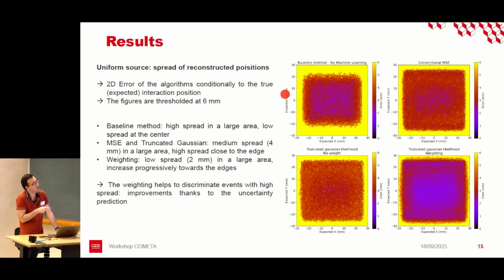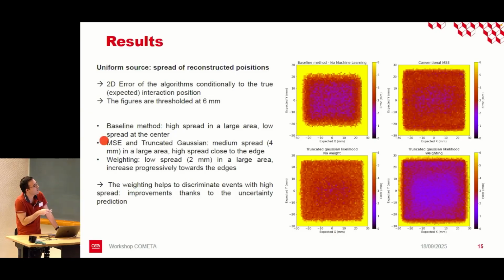Now, by using this test configuration, we can try to quantify more precisely the resolution. So here we want to represent the spread of the predictions if we know the right position of the interaction. We want to quantify what is the spread of the prediction around the right positions.